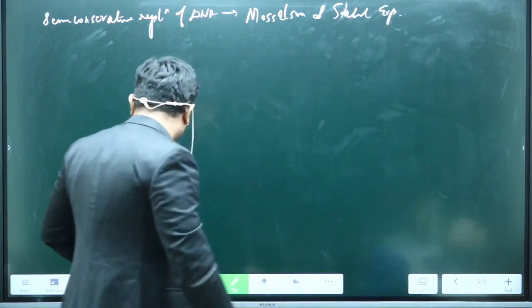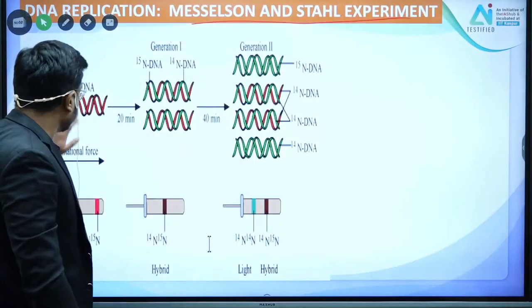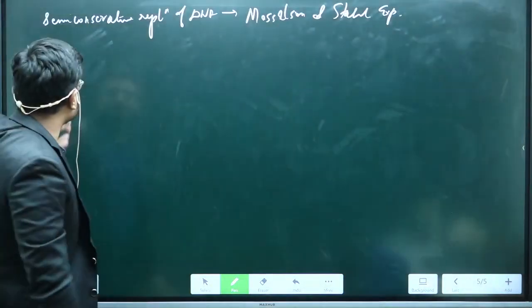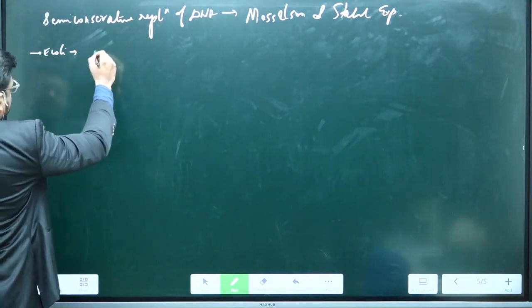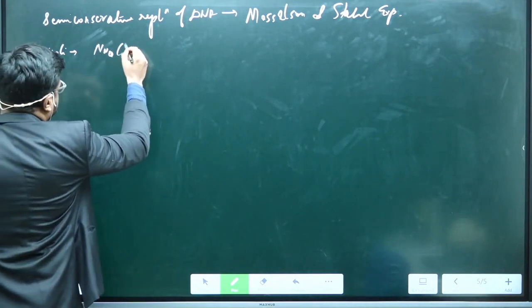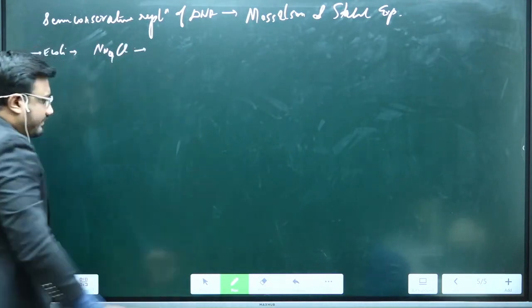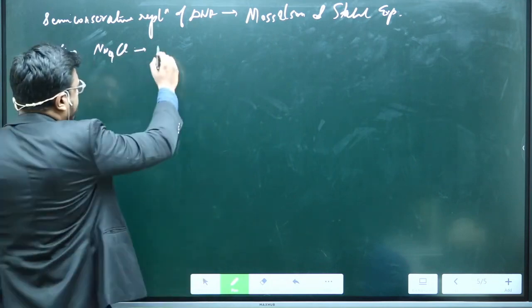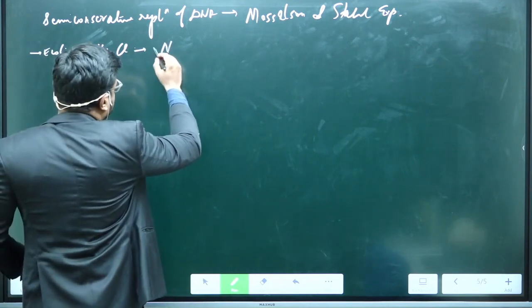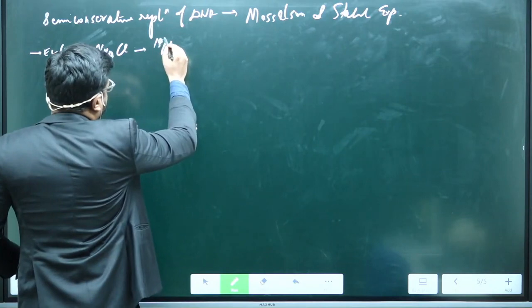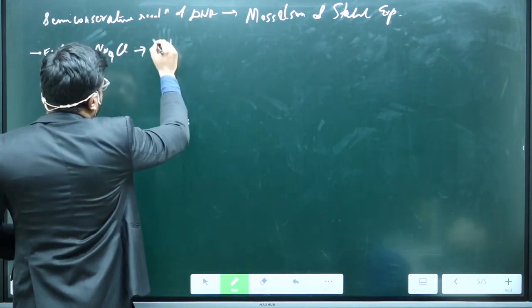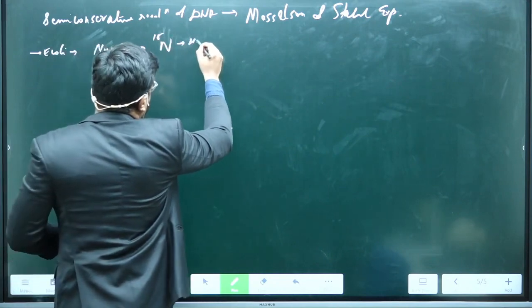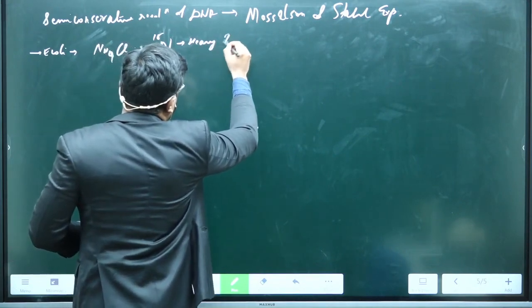In this experiment, they cultured the E. coli cells in ammonium chloride medium. They labeled them with the heavy isotope, 15N. So 15N represents the heavy isotope of nitrogen.